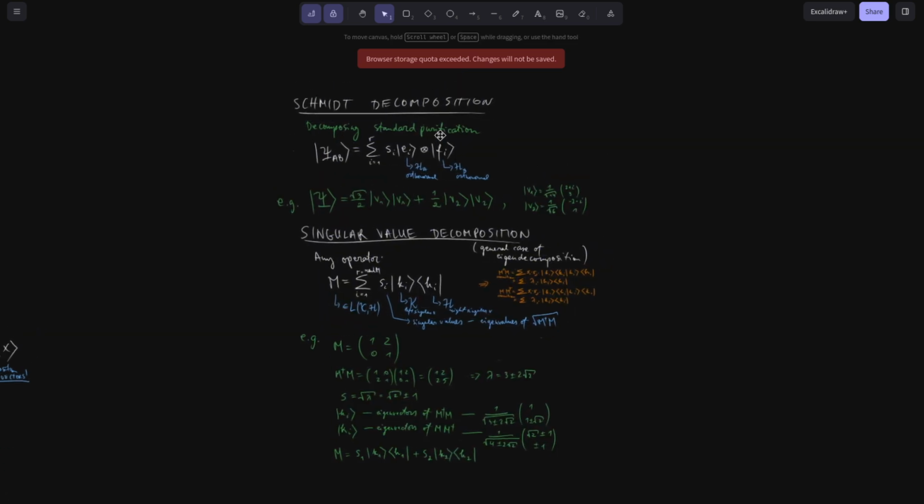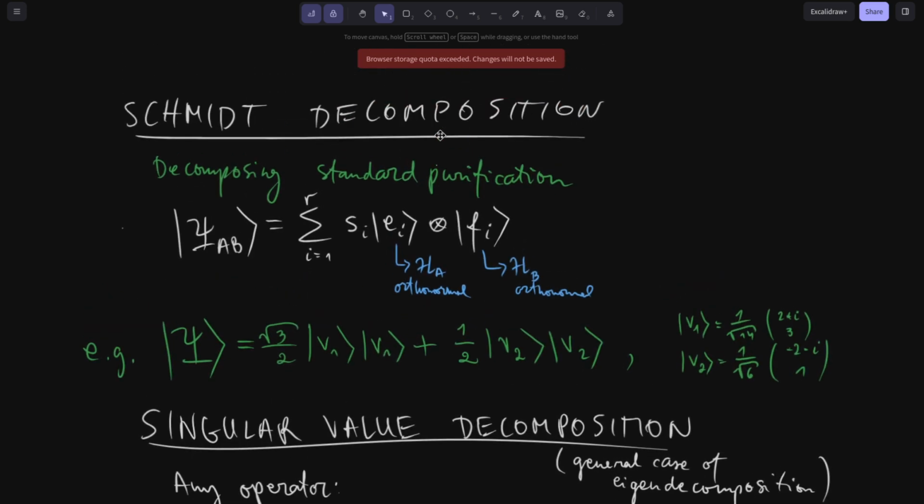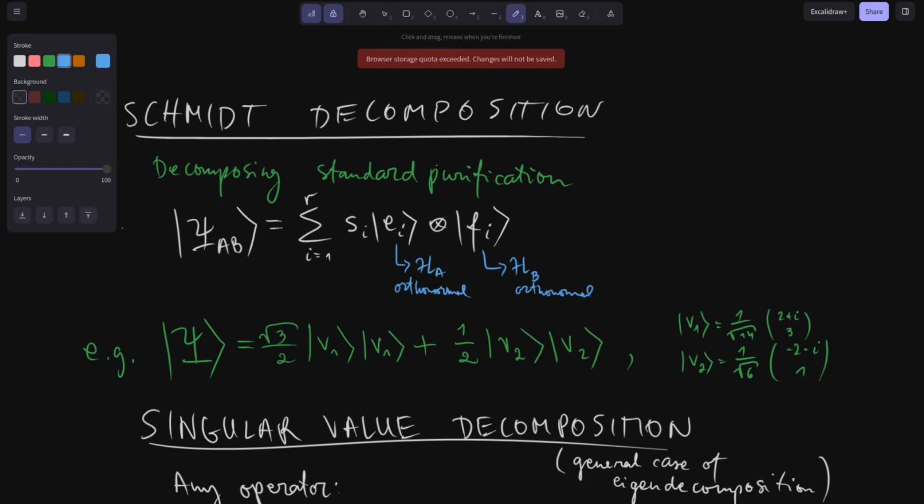Yes, because of our standard purification, it turns out that we can go back the way we went. So we had system A state, we have state on system AB, then we reduce it with partial trace, and we get state on one of the systems.